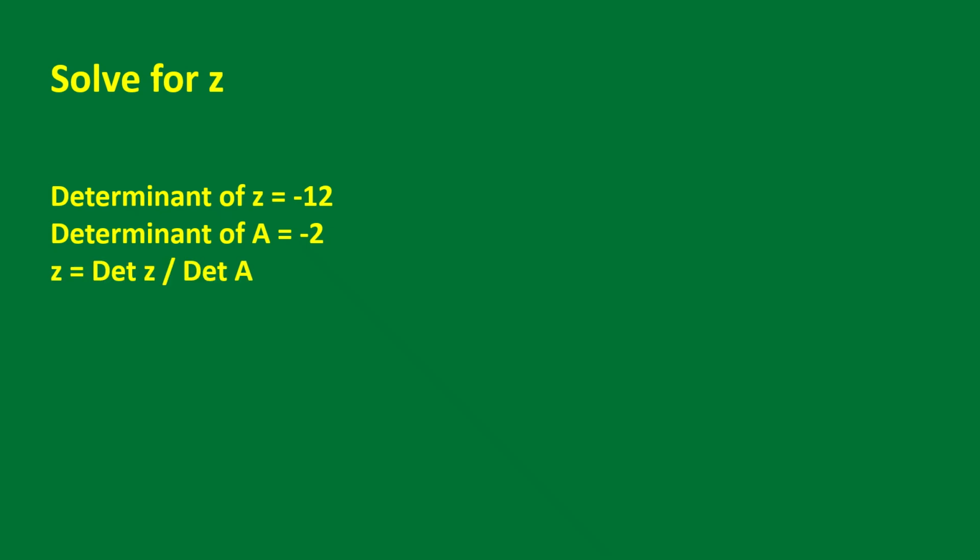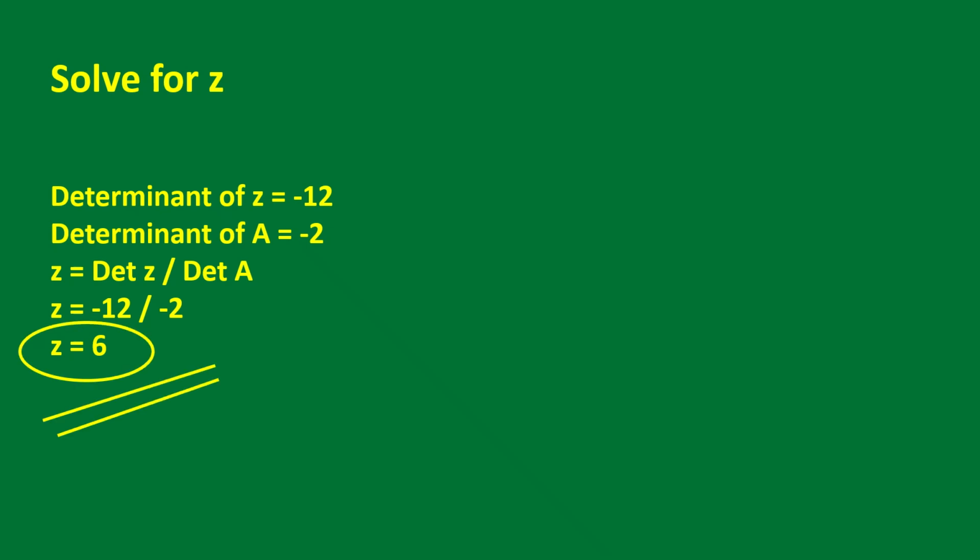Then we've got the formula to solve for variable z, which is defined as the determinant of z divided by the determinant of A. So putting all the numbers into the formula, z is minus 12 divided by minus 2. Then we've got z is equal to 6. There you go guys, we have solved for variable z.